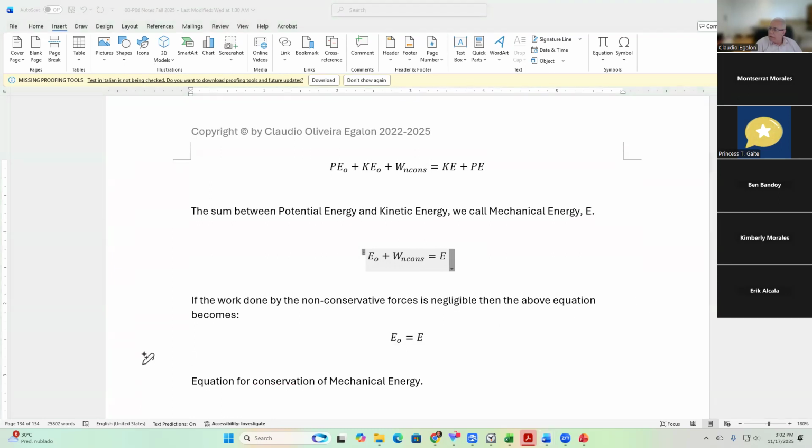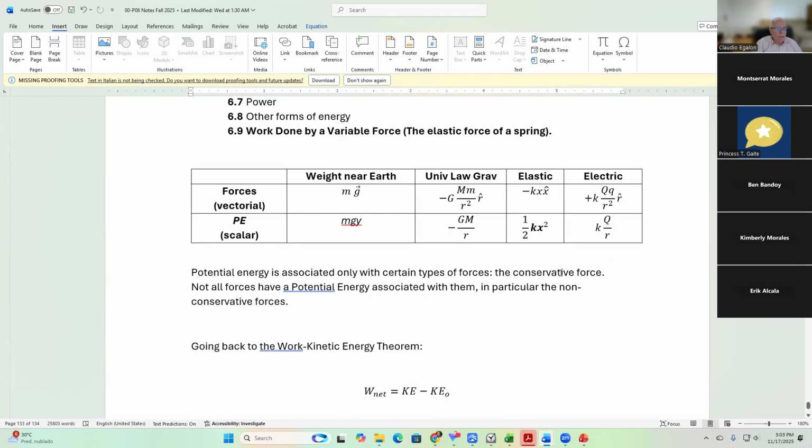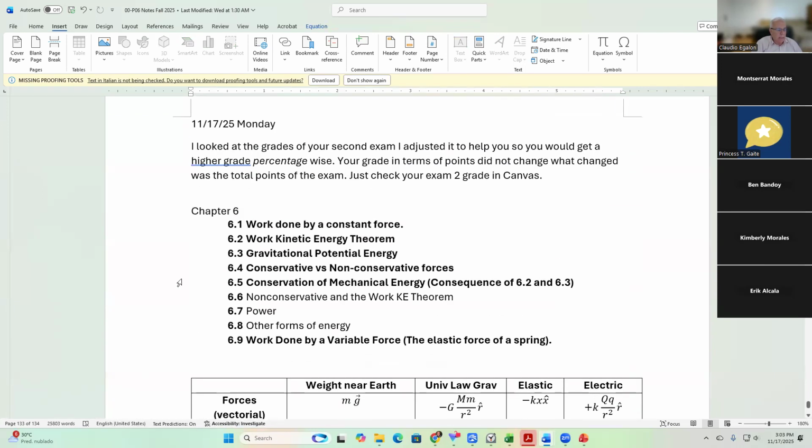Equation for conservation of mechanical energy, and I'm going to write that in terms of potential energy and kinetic energy. And that is exactly equation 6.5.